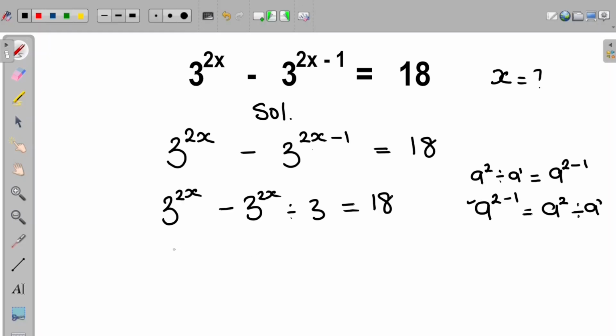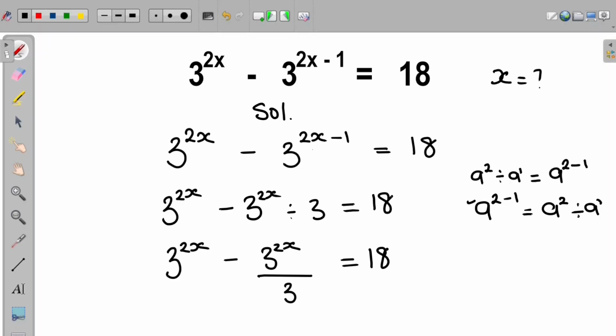Now at this point, we can factorize the left-hand side.